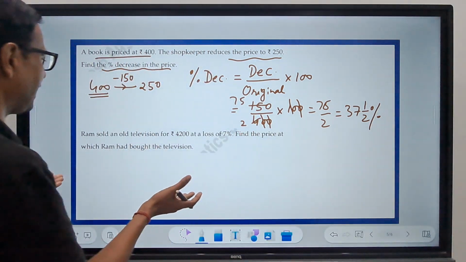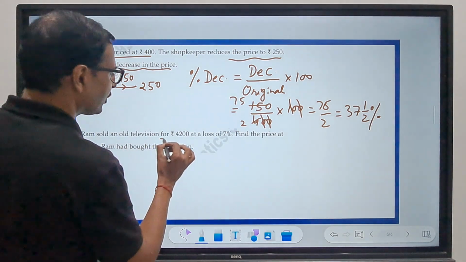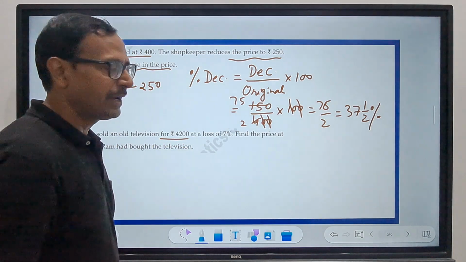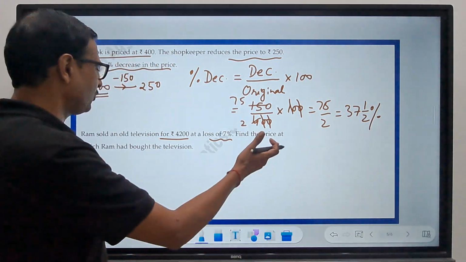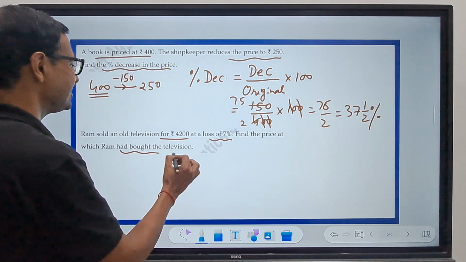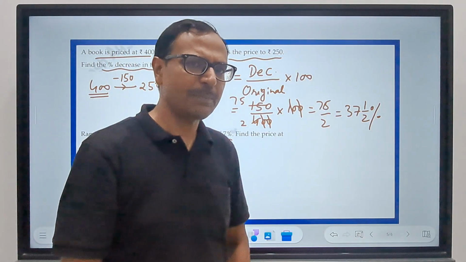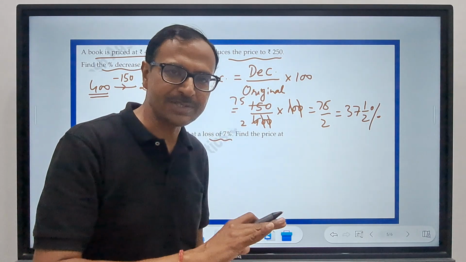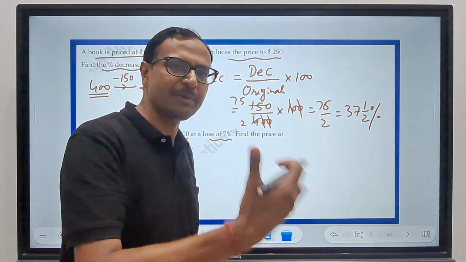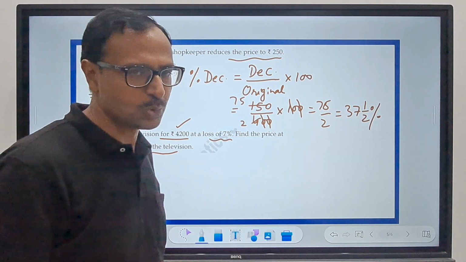Likewise, we have the same type of question here. There is a person who sold an old television for rupees 4,200 and that is done at a loss of 7%. Now we need to find at what price he bought the television, right? So he bought it at a higher price and he is selling it at 7% loss, and after selling it he is getting rupees 4,200.